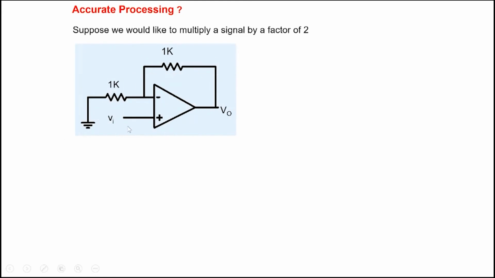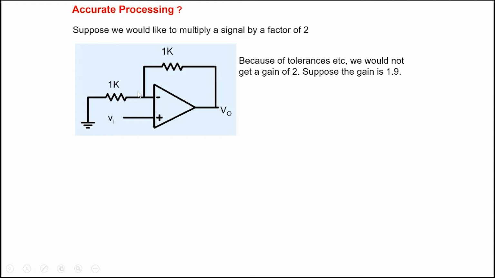The other point, besides robustness to the presence of noise, is processing. Suppose you have a signal and you would like to multiply it by 2. We saw a circuit in the last lecture: you can build a non-inverting amplifier with a gain of 2 and get the signal multiplied by a factor of 2.